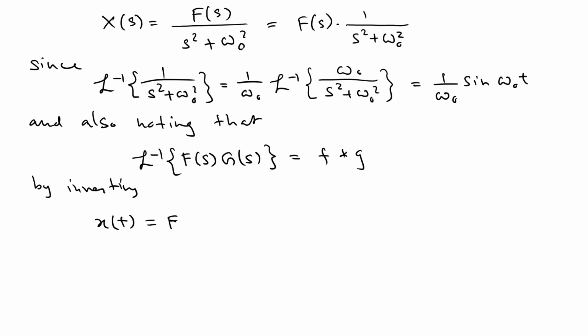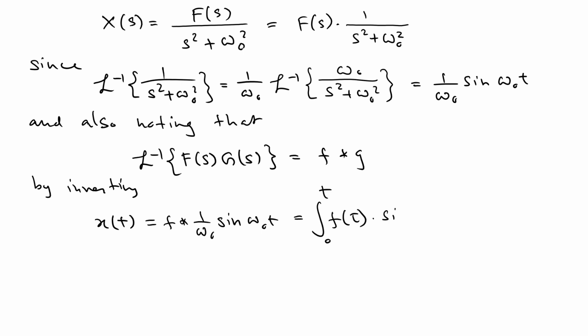So we can write this as simply small f times 1 over omega naught sine omega naught t. By the definition, this is simply the integral from 0 to t of f(tau), we leave it like that.